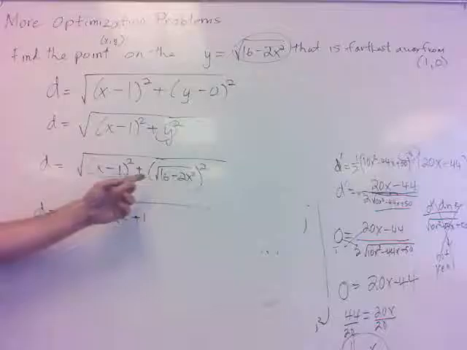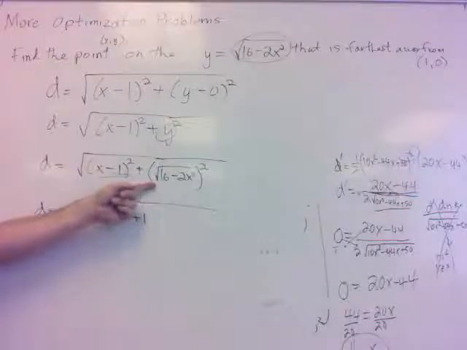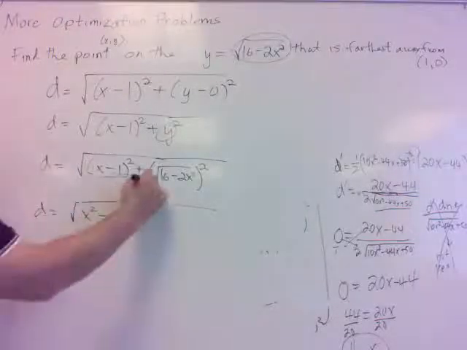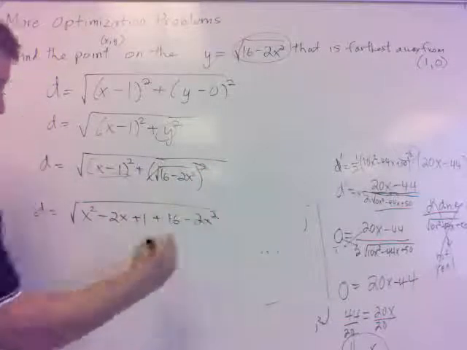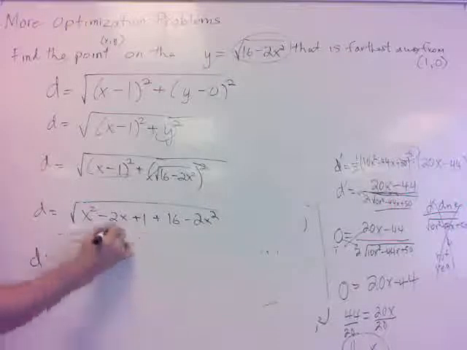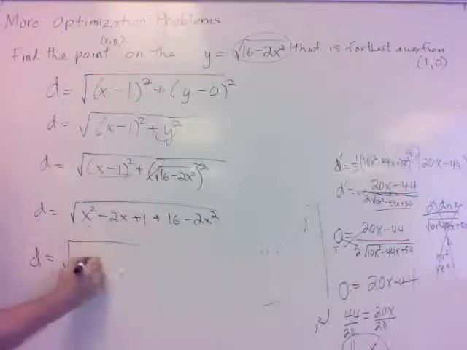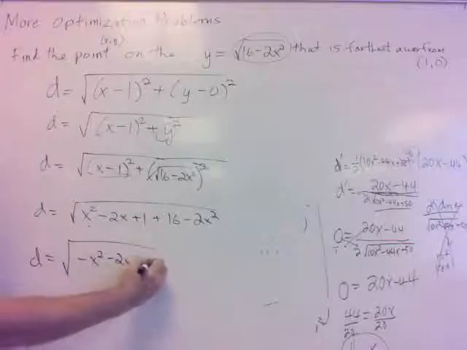But something real nice happens right here for the y's, doesn't it? Yeah, the square root and square cancel out. That's just 16 minus 2x squared. So D winds up being the square root of minus x squared minus 2x plus 17.